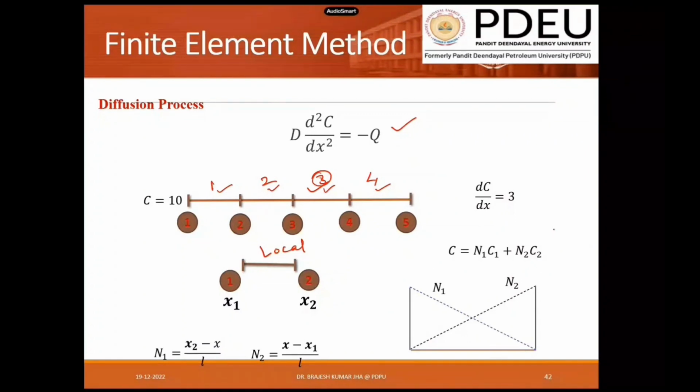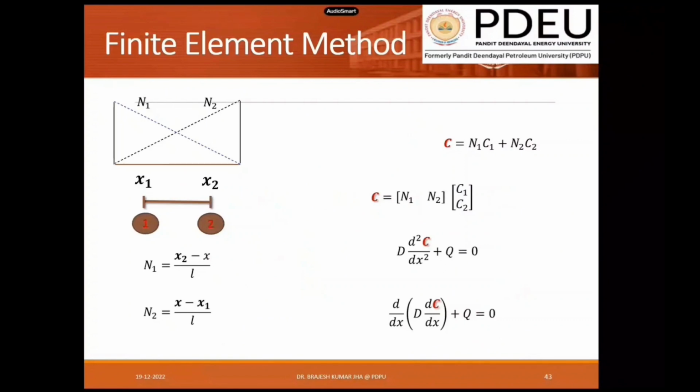It will lie between 0 and 1. C is equal to N1 c1 plus N2 c2, which can be represented in matrix form as [N1 N2] times [c1 c2]. This is the problem that we have defined. What are N1 and N2? N1 is (x2 minus x) by L, where L is the length of the element, and N2 is (x minus x1) upon L.